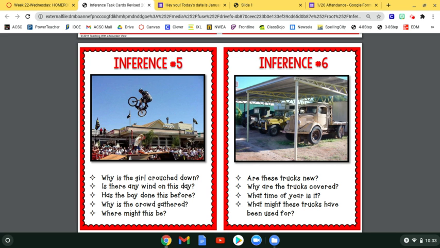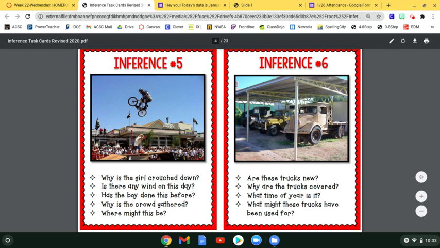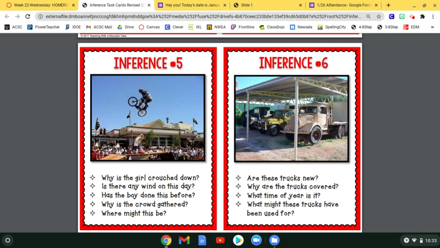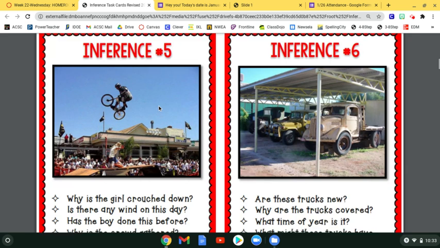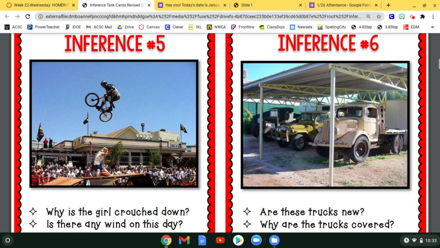So just listen to me while I make inferences about these two images right here on the screen. First, we're going to look at inference number 5. I'm just going to dissect the picture and see what kind of things I see going on. I see a man on a bike and he's jumping in the air.